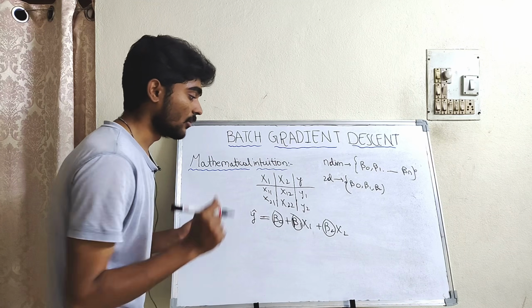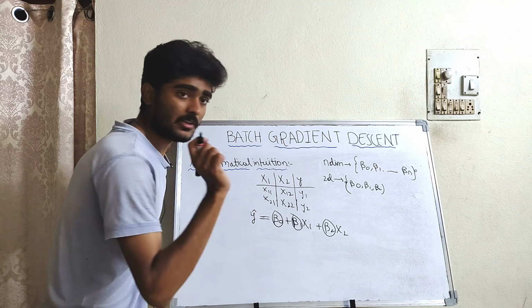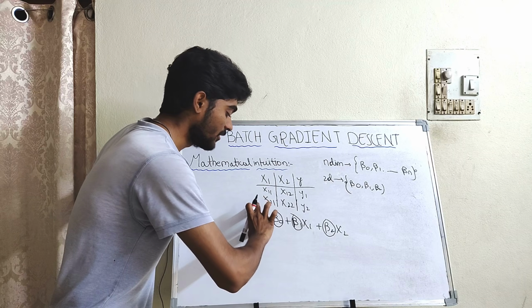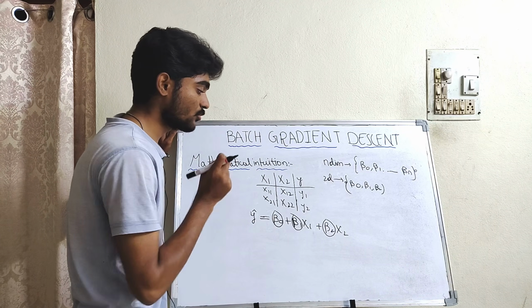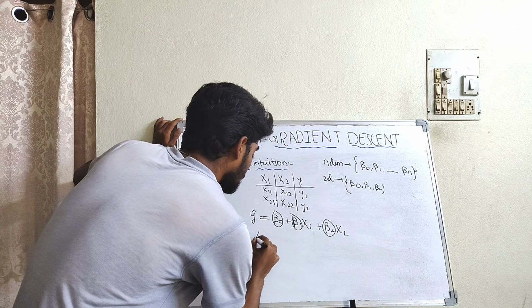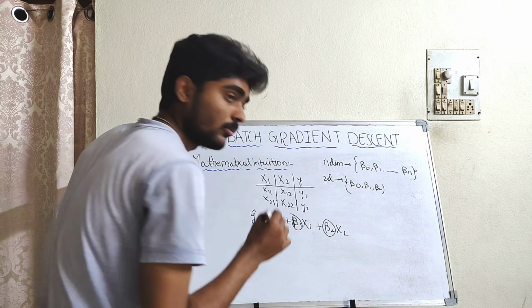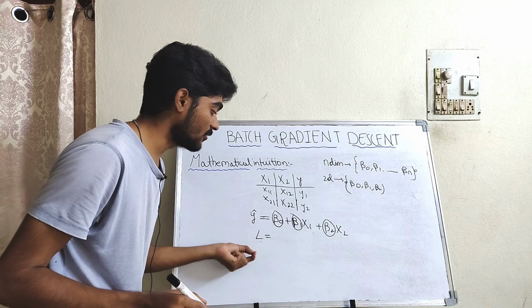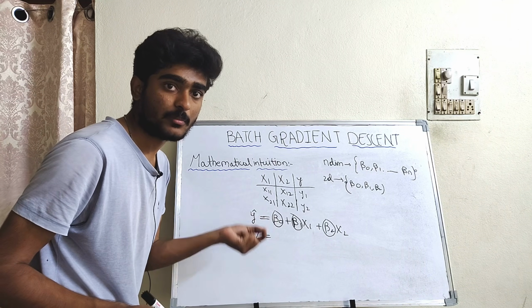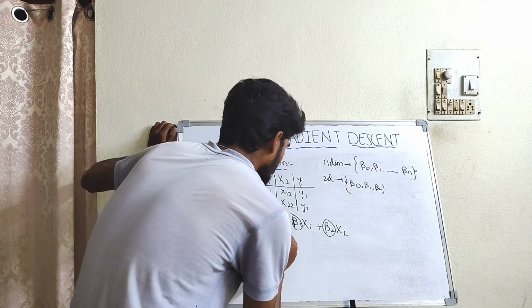Now we calculate the loss between y hat, that's the predicted output, and y1, that is the true output. Determining the loss is mainly dependent on which terms?